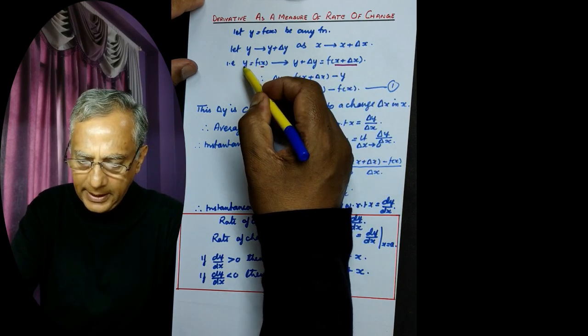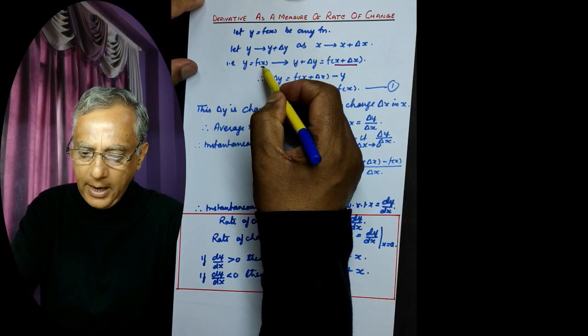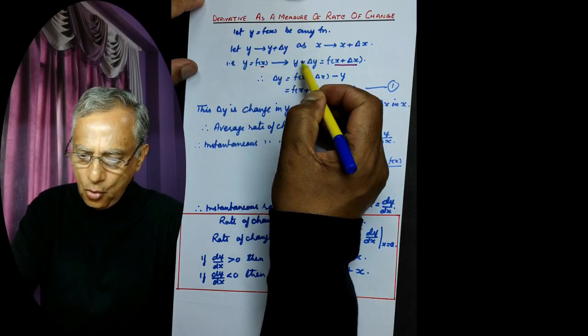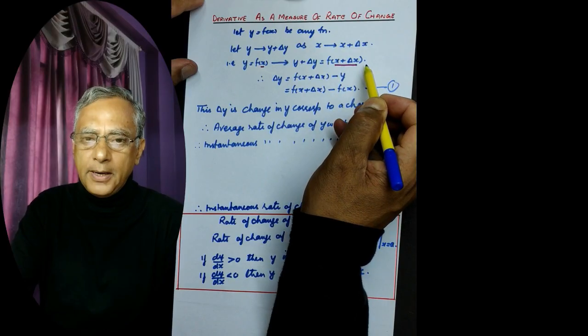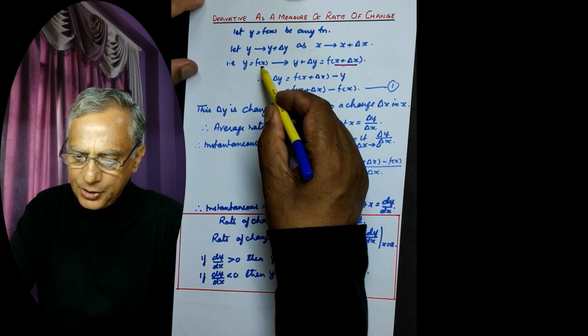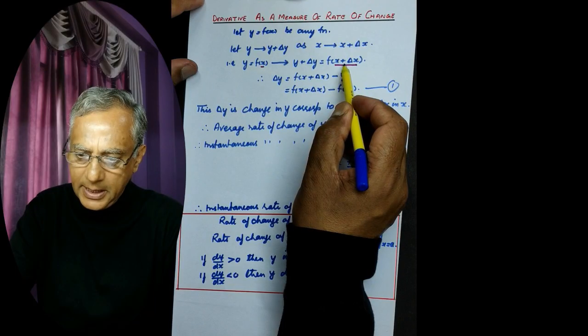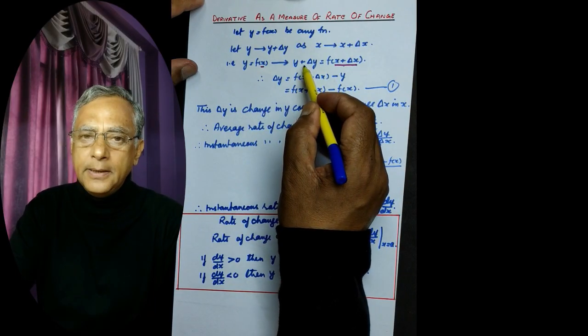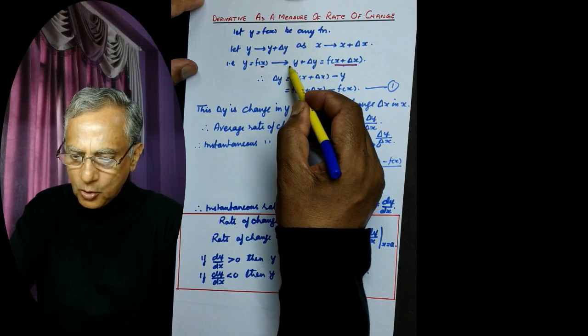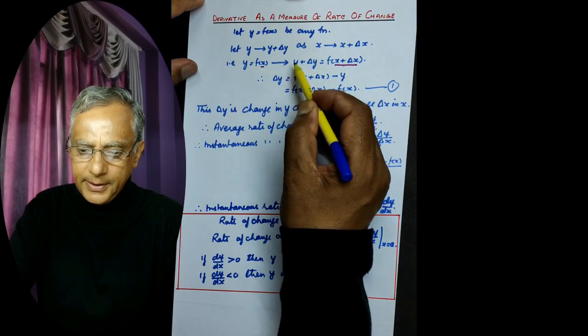This can also be written as y plus delta y equal to f(x plus delta x). That is, as x changes from x to x plus delta x, y changes from y to y plus delta y.